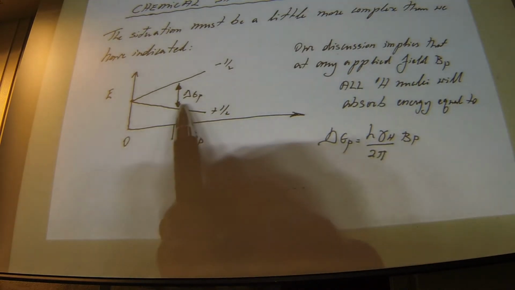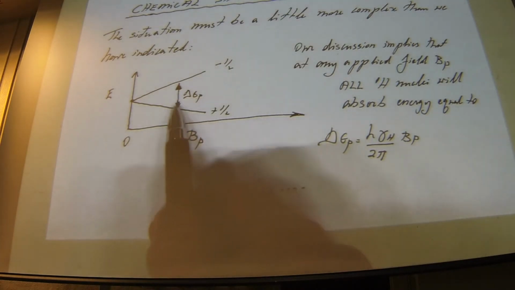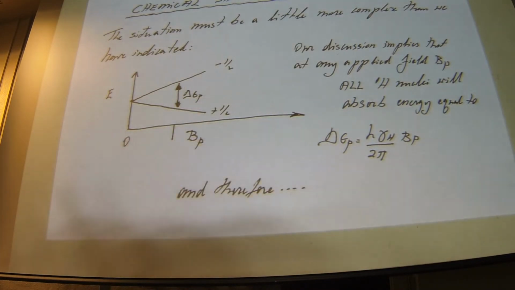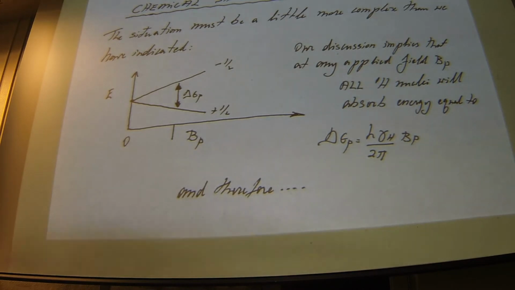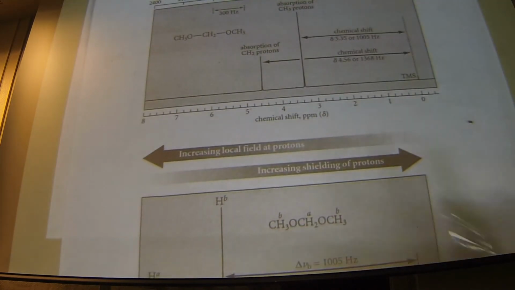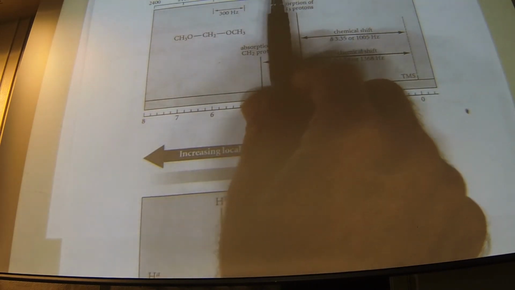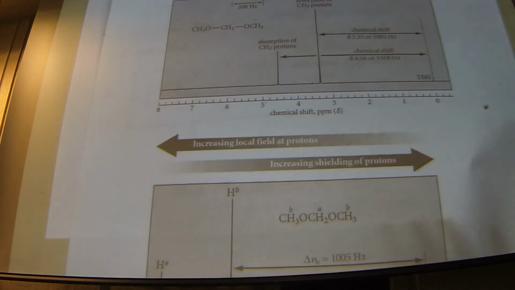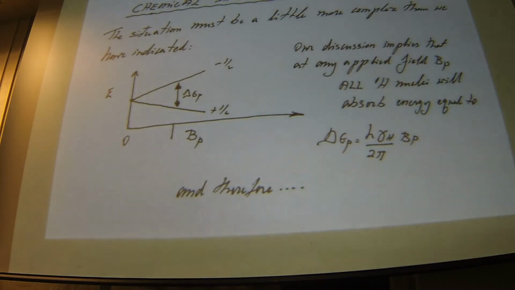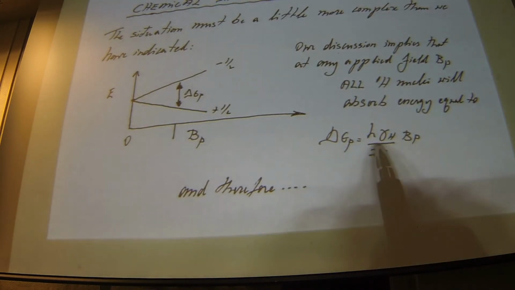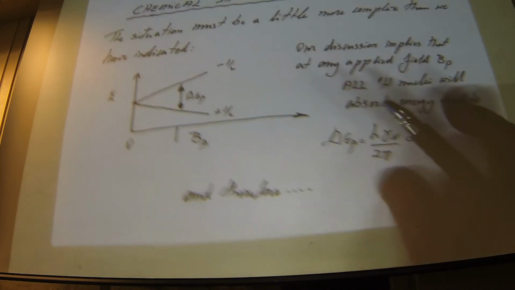And if the energy separation is the same for all the protons, then all of those protons should absorb at exactly the same frequency, which means that when I run an NMR spectrum, I should see one peak for all of them. I should just see one peak, but I don't. I see two peaks.